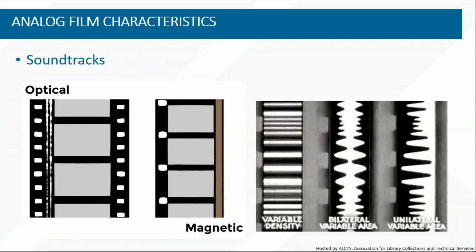Another aspect of film that we need to consider are soundtracks, optical and magnetic. Optical, well, I'll start with magnetic. Magnetic being a magnetic strip that contains the audio information that's been recorded, and then optical that responds to light as it's being projected.